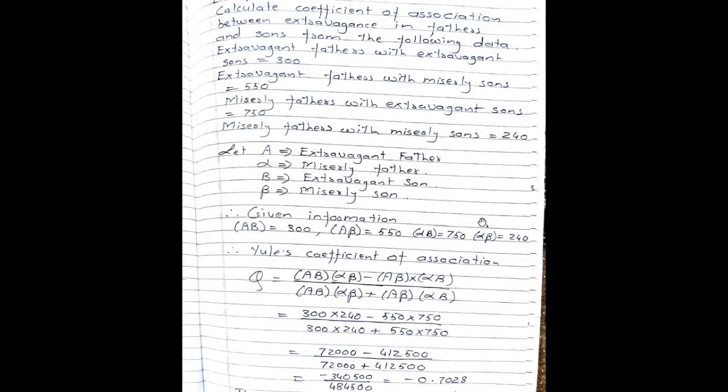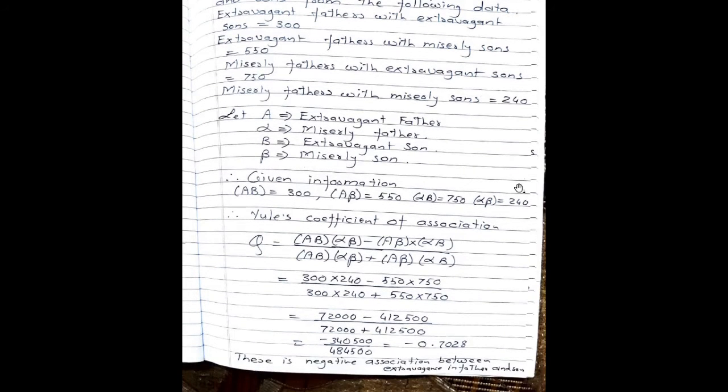We will write down the formula for Yule's coefficient of association. Q is equal to AB into alpha beta minus A beta into alpha B divided by AB into alpha beta plus A beta into alpha B. So 300 into 240 minus 550 into 750 divided by 300 into 240 plus 550 into 750.